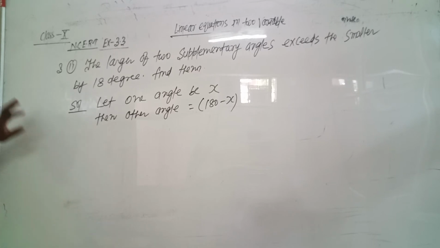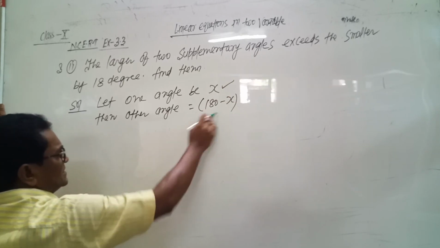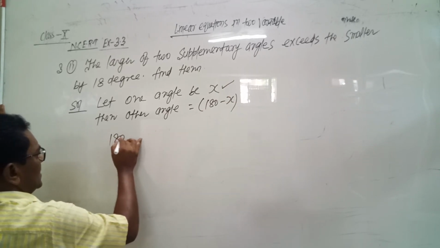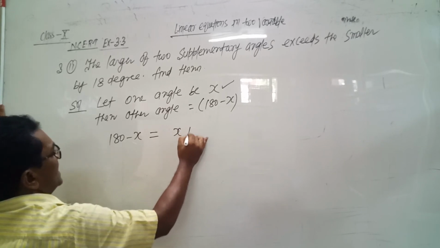And now it is given that the larger of two supplementary angles exceeds the smaller by 18. So suppose this is the smaller and this is the larger.